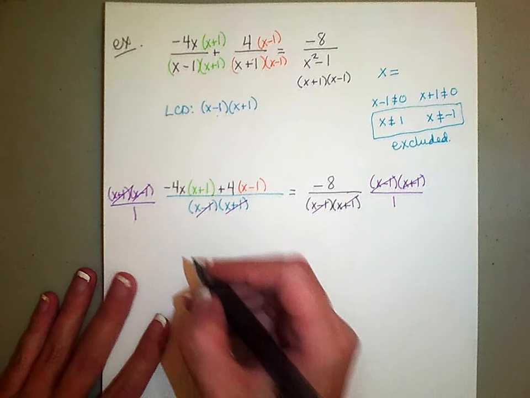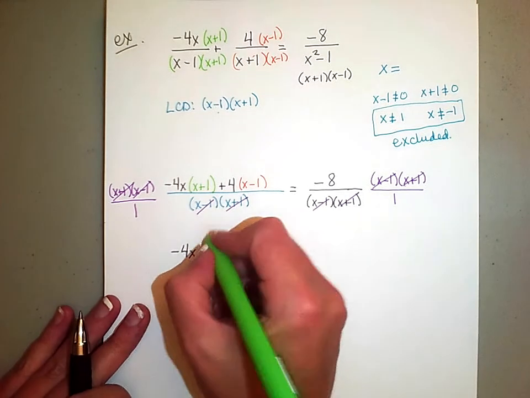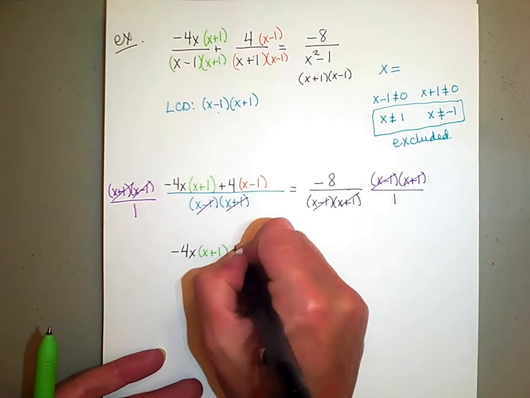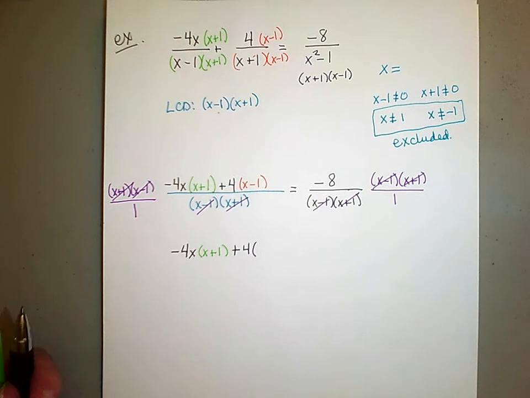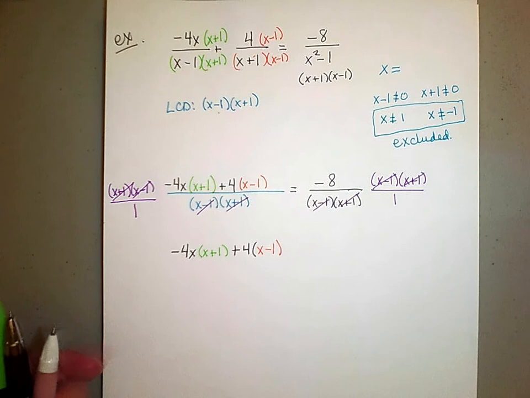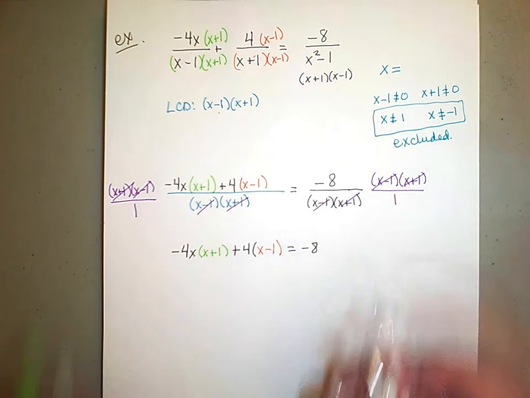So all we have left is negative 4x times the quantity x plus 1, plus 4 times x minus 1. And the only thing we have left on the right-hand side is negative 8.